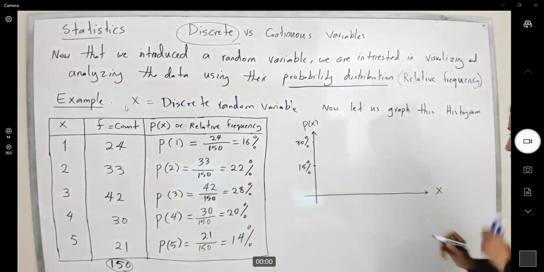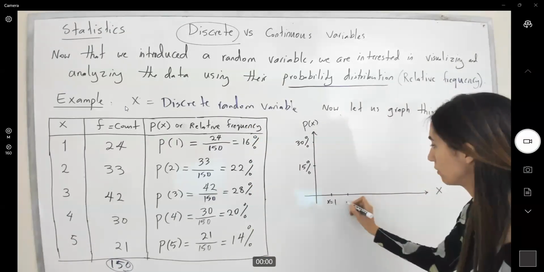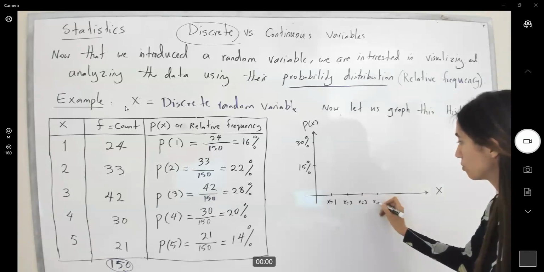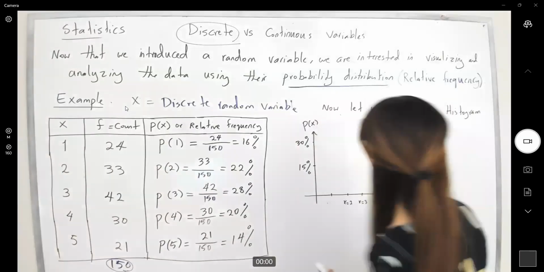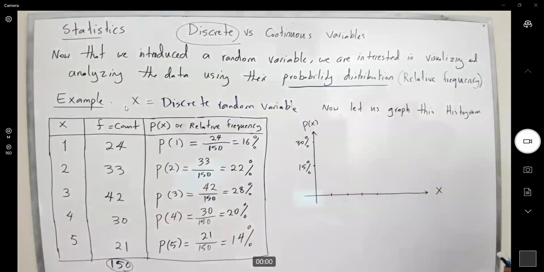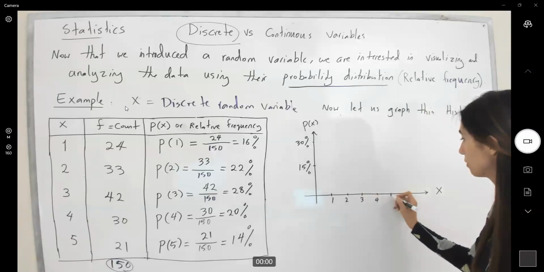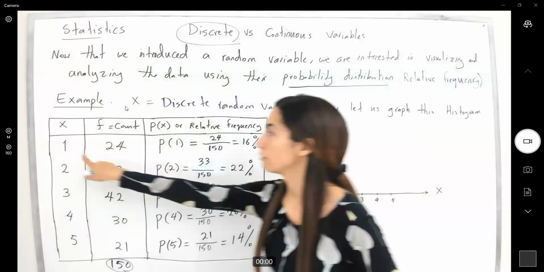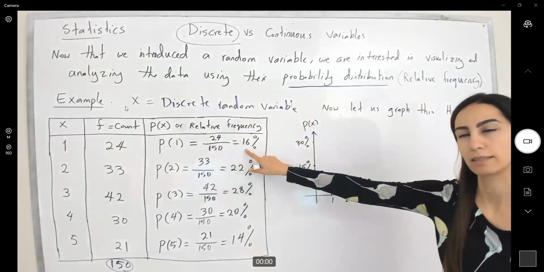Then we have 15%. And here you have x equals 1, then x equals 2, then x equals 3, x equals 4, or just 1, 2, 3, 4, 5. It doesn't matter. Now let us start. When x is equal to 1, its probability is 16%.